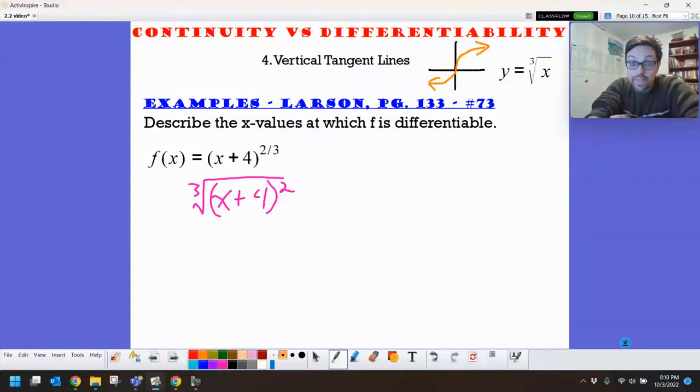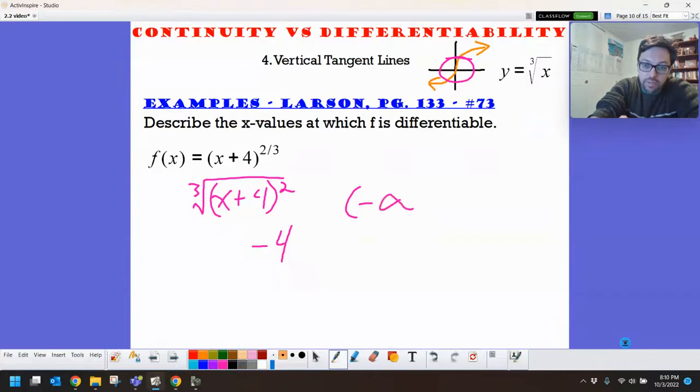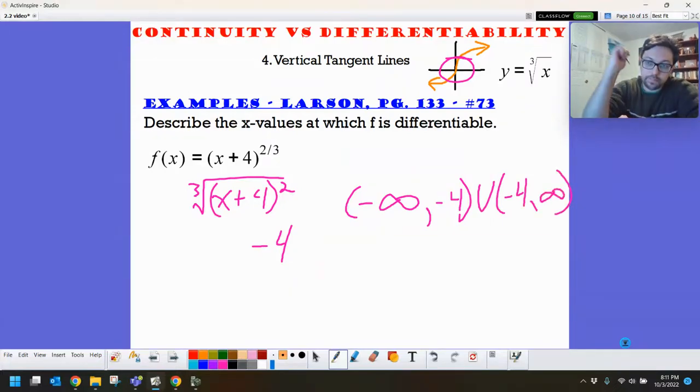So when that thing ends up spitting out 0, it is going to be similar to what's going on up there. So at negative 4 is where we're not going to be able to be differentiable. So this thing is differentiable from negative infinity to negative 4, and negative 4 to infinity.